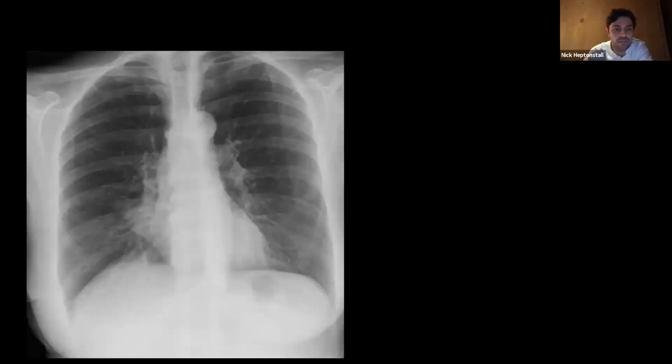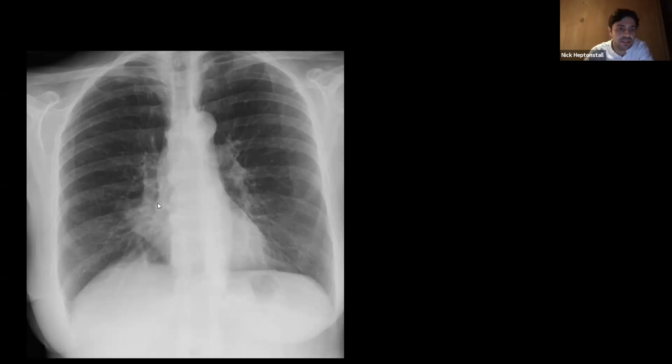So next case. Again, there's another area of abnormality. There's an opacity in the right lower zone.